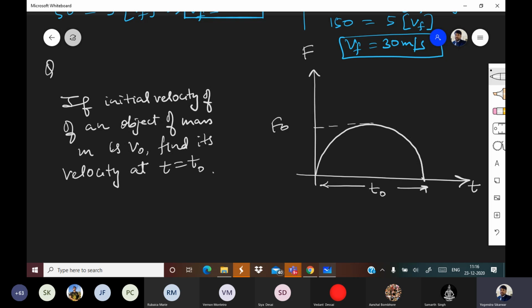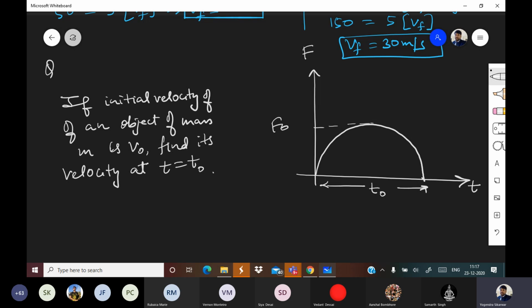Samarth is saying pi t by 4m plus vi. Everyone is busy bluffing, all of them. Gauri is saying pi t naught plus 2m v naught upon 2m.